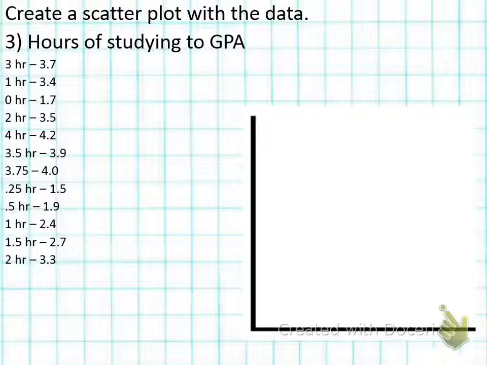So, the first thing I'm going to do is organize my data. On the bottom, I'm just going to put the hours that kids study. I'm going to write hours on the bottom. And it looks like kids either study nothing, 0 hours, or they go up to about 4.5, 5 hours. So we're going to write 1, 2, 3, 4, and 5, right?